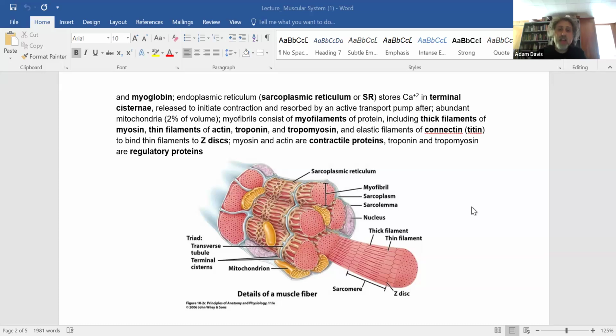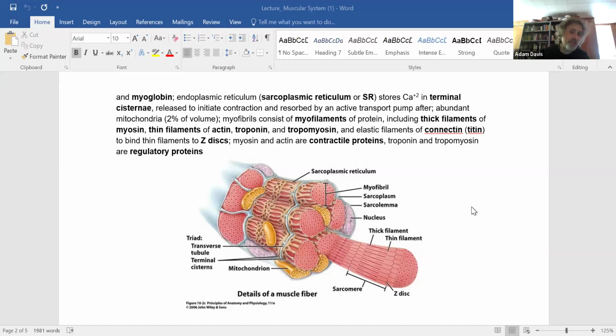As we said the other day, every myofiber or skeletal muscle cell is actually a long strand of individual muscle stem cells called myoblasts that fused together during embryonic development, giving you the long muscle fibers that we see in adult muscle. That's why the muscle is multinucleated, because the nuclei of the individual myoblasts are retained in the adult muscle fiber.